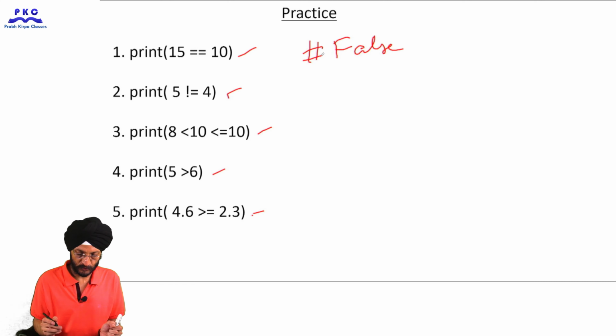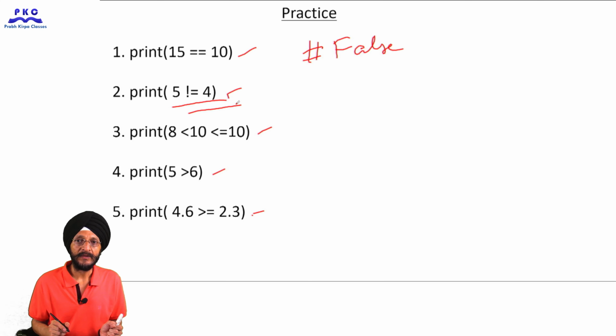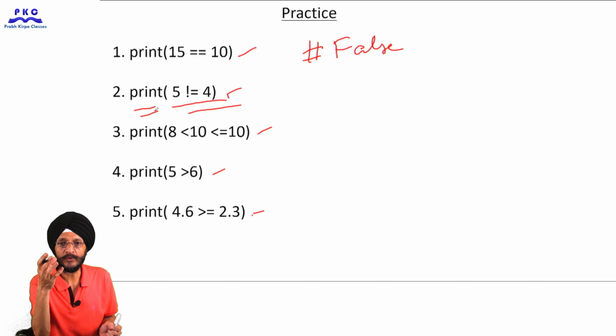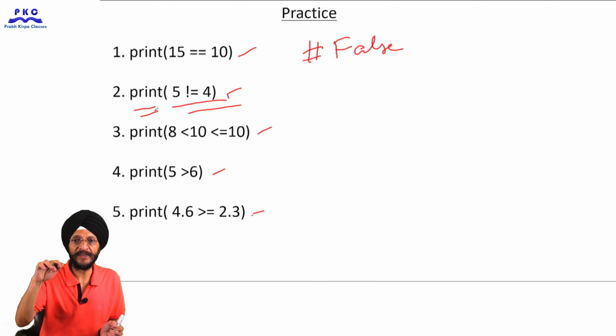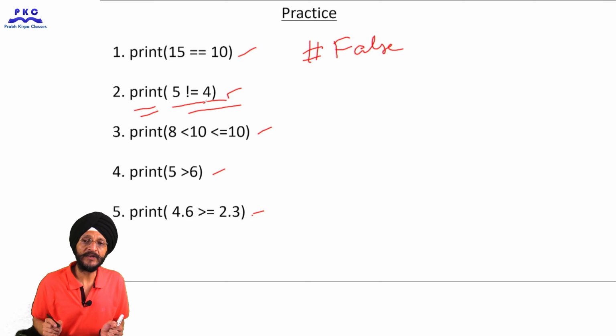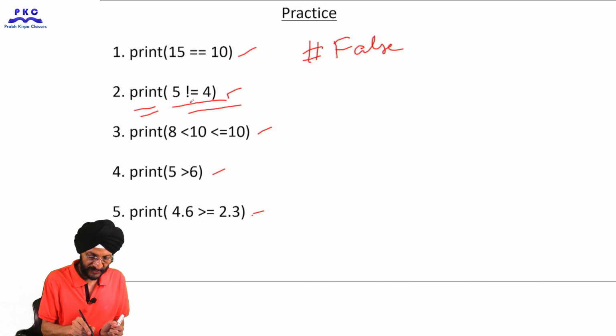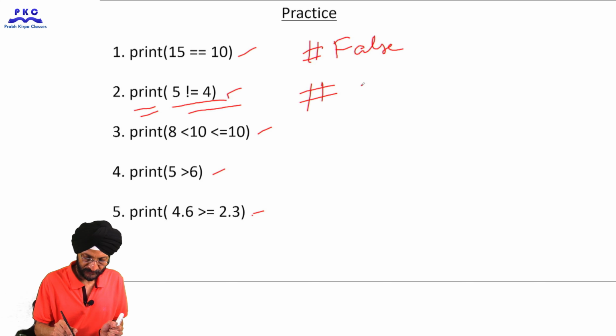Second, print 5 is not equal to 4. Print is the function which we will be using in the code editor, and we have already used VS Code. So when we use print 5 is not equal to 4, what will be the output? It will be true.